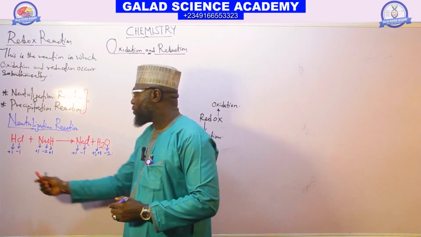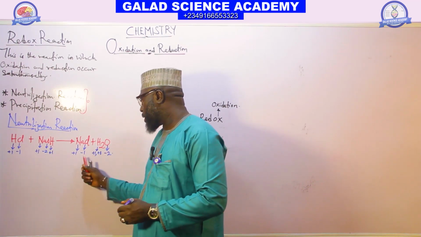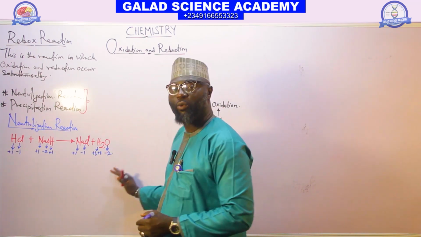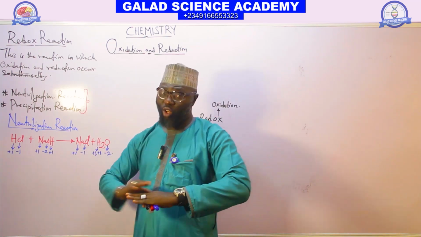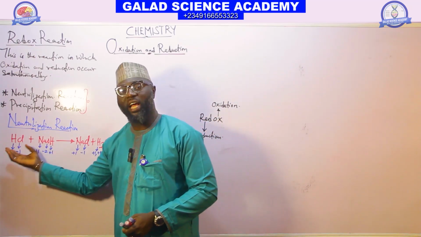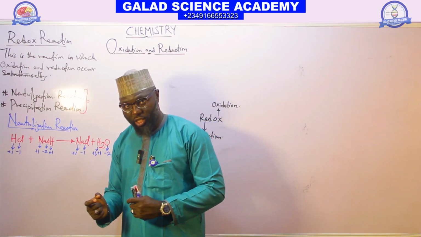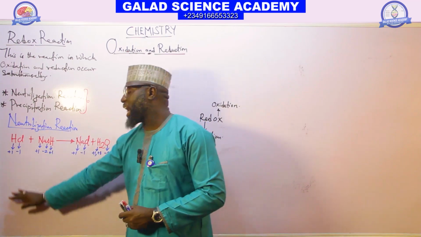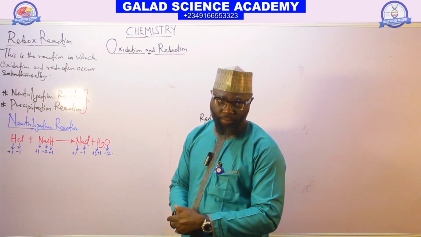Look at the oxidation numbers: hydrogen +1, chlorine -1, sodium +1, oxygen -2. There is no change in the oxidation number of all the elements from the reactant side to the product side. So therefore, this reaction is not redox. For you to know a redox reaction, the oxidation number of the reactant side and the product side must change. But if the oxidation number of the reactant side is the same as the product side, therefore the reaction is not a redox reaction.